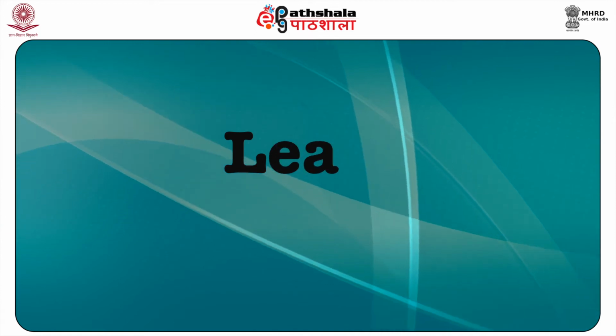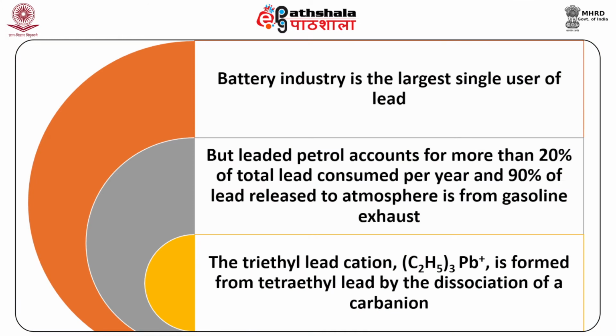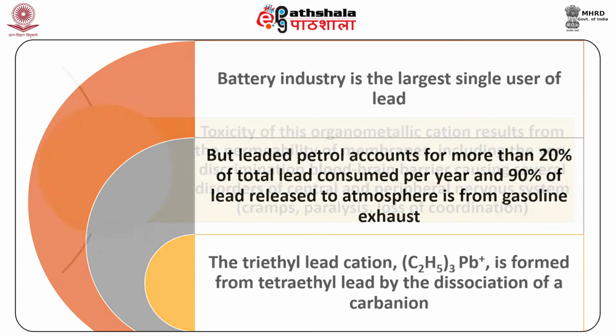Lead. Source of pollution. The battery industry is the largest single user of lead, but leaded petrol accounts for more than 20% of total lead consumed per year, and 90% of lead released to the atmosphere is from gasoline exhaust. The triethyl lead cation is formed from tetraethyl lead by the dissociation of a carbanion.